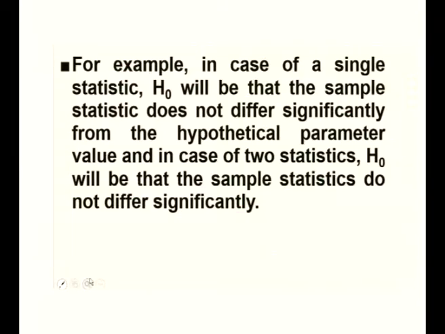We set up the H0 as there is no difference between the sample statistic and the hypothetical parameter value. When you take two different samples from two different populations, then we talk about the case of two statistics, and in that case H0 will be that the sample statistics do not differ significantly.